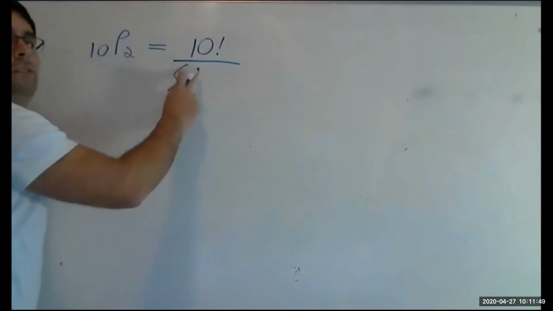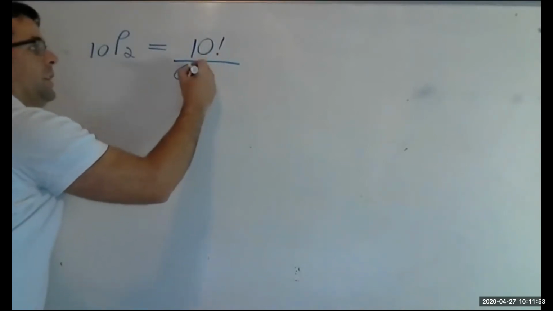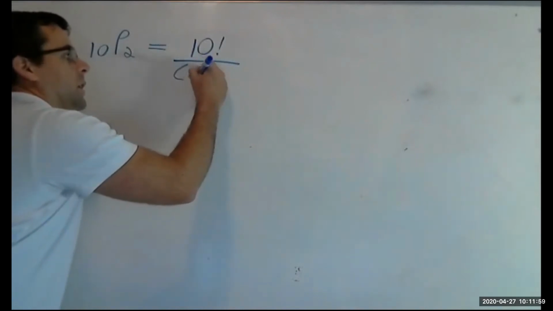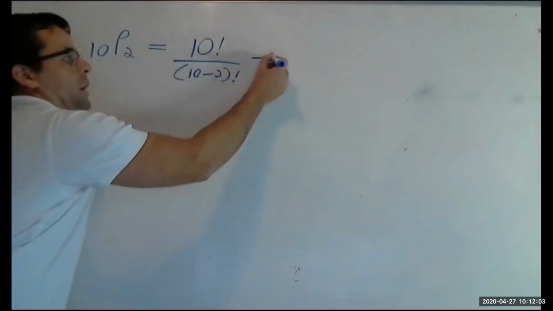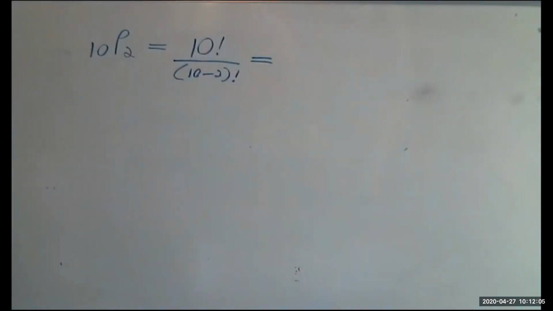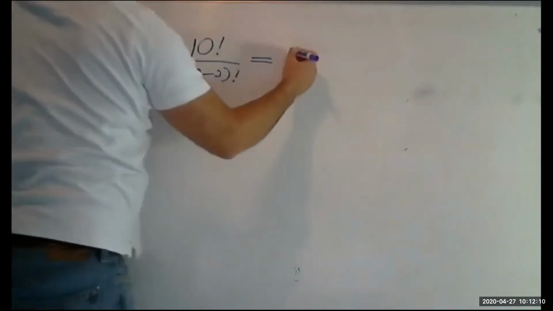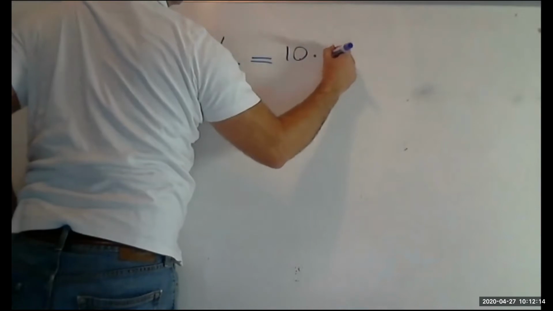I'm saying you don't have to go to this step every time, but you can. What is that equal to? 90. Yeah. So it's 10 times 9.